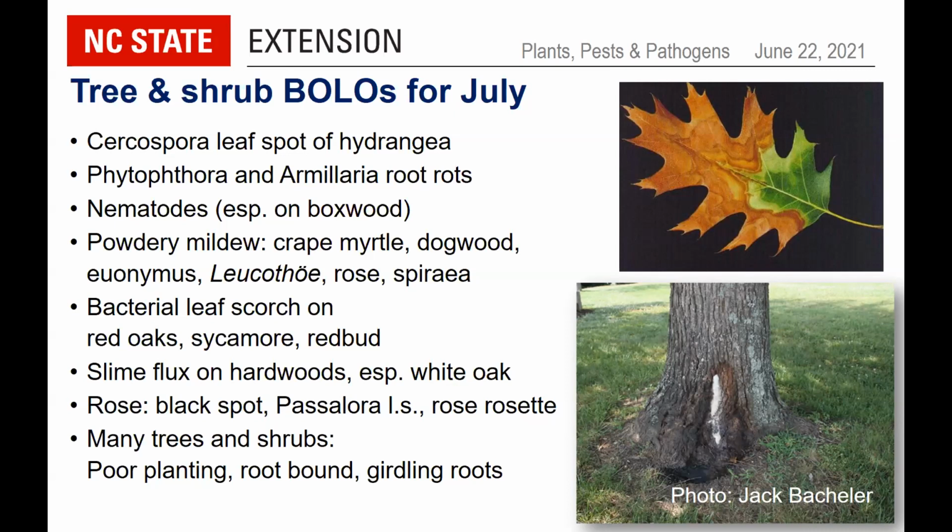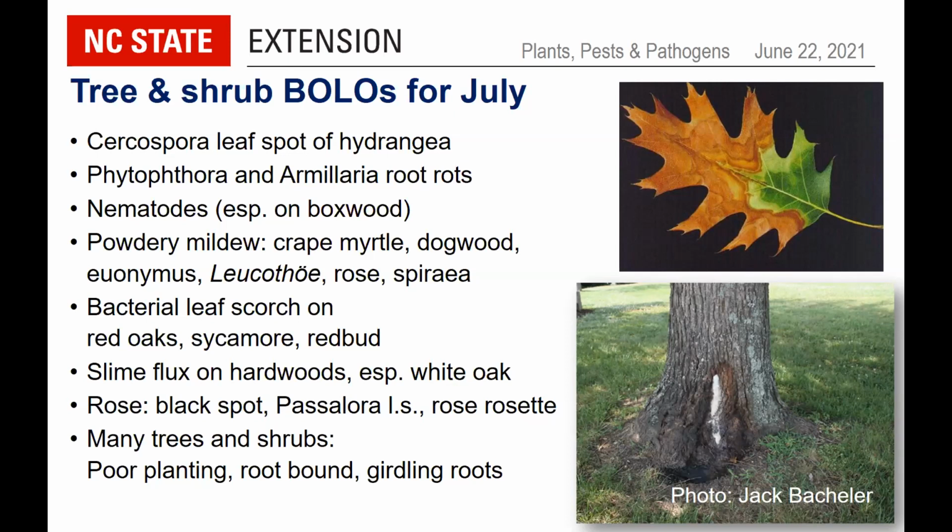White oak is very typically affected, but other hardwoods as well. And with white oak, it's almost always very low to the ground, close to the root flares. So there's really nothing to be done here unless you've got some really loose bark that you want to remove, but you don't want to try any kind of treatments on this. A tree may flux one year and not the other.